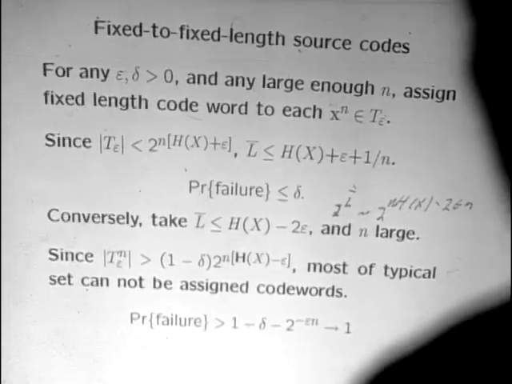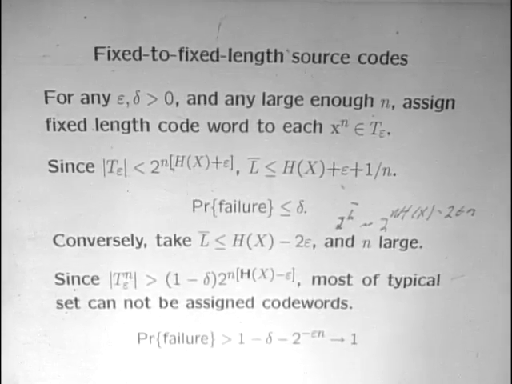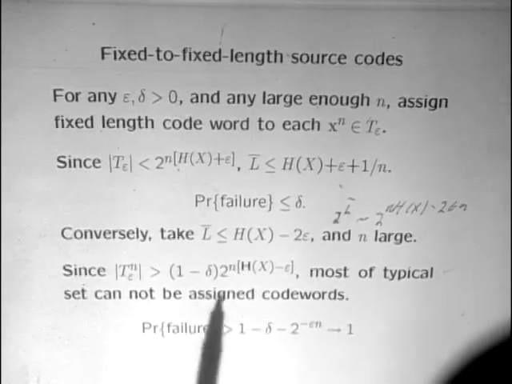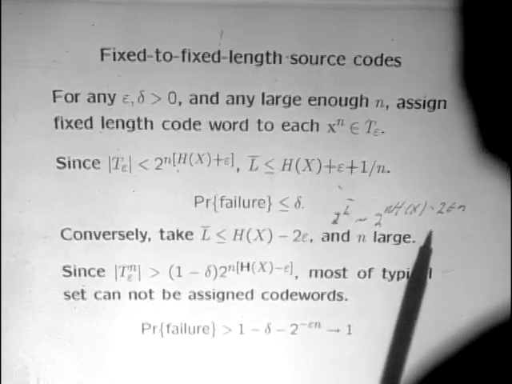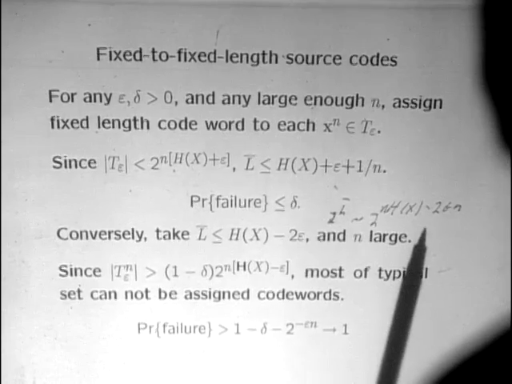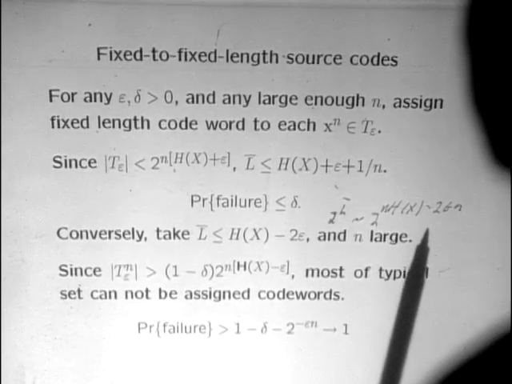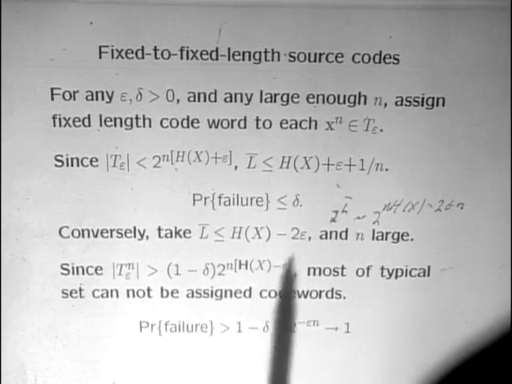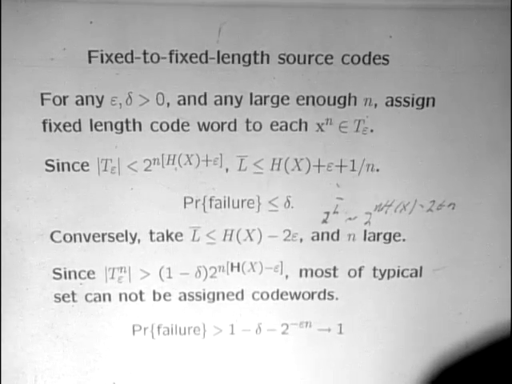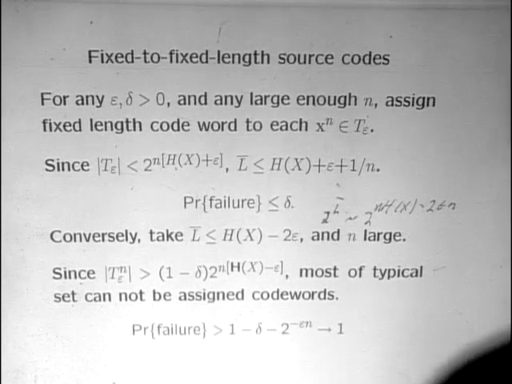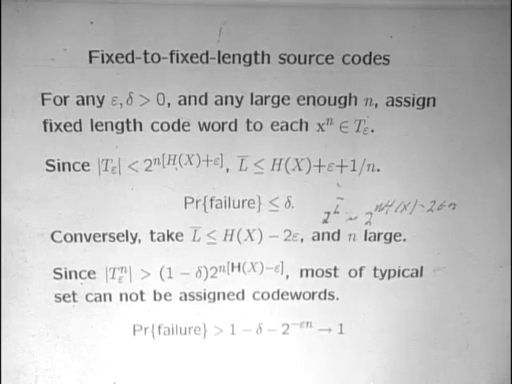So the fraction of typical elements that I can provide code words for is between this and this. I can only provide code words for a fraction 2 to the minus epsilon n of the code words. We have this big sea of code words, which are all essentially equally likely. I can't provide code words for even a small fraction of them.